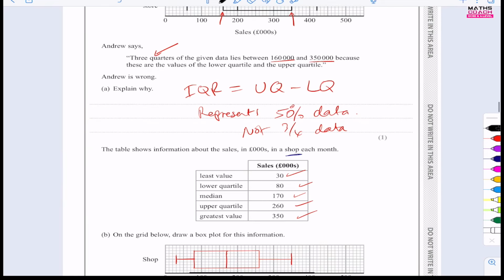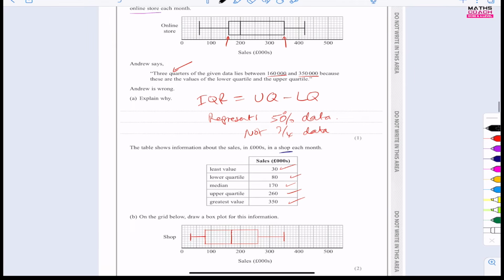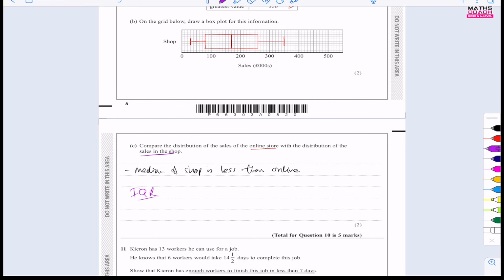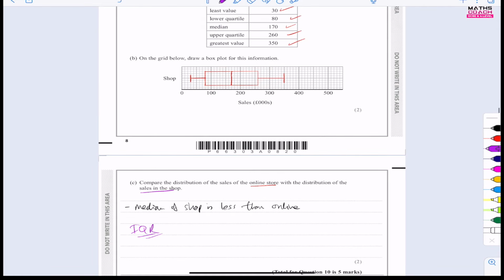So let's see if we can find something for the interquartile range now. So what is the interquartile range? You can see this one, it goes from, what's that, 350 to 160. We can get that from there. And on this one, it's going to be from 260,000 take away 80,000. Okay. So the interquartile range, the first one is 350,000 minus 160,000.